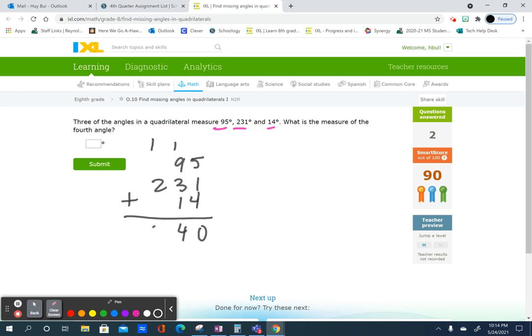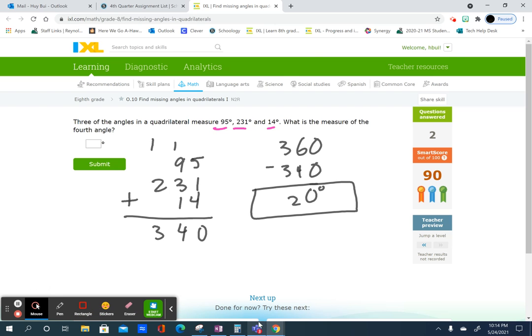And that's 1 plus 2 is 3. 340 minus, oops, I forgot. 360 was our total. Just trying to work too fast. 360 minus 340. And the answer was 20. 60 minus 40 is 20. So that should be our answer there, 20 degrees.